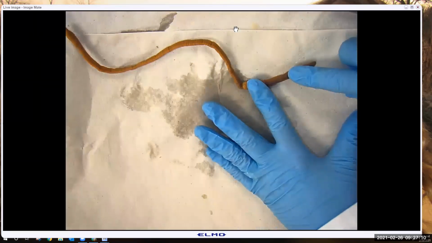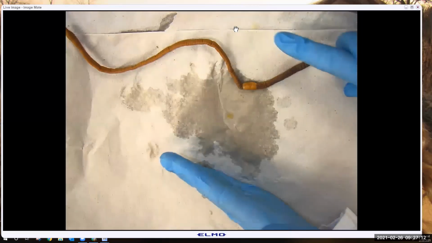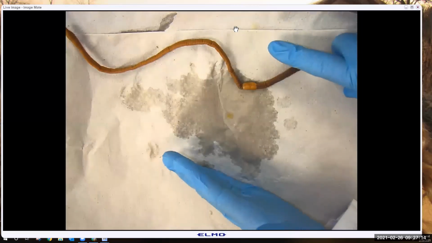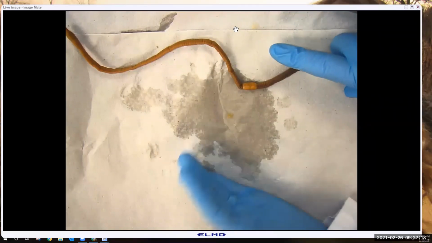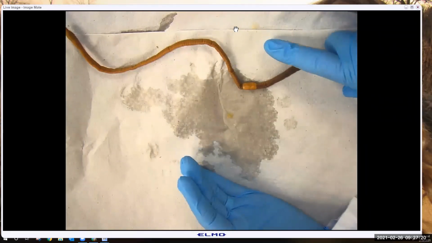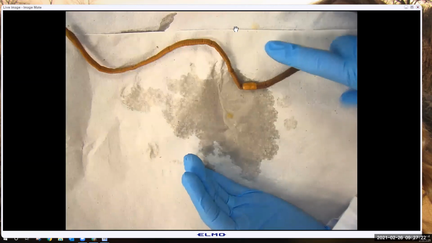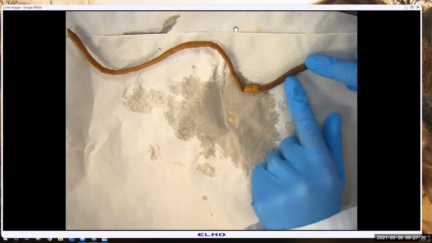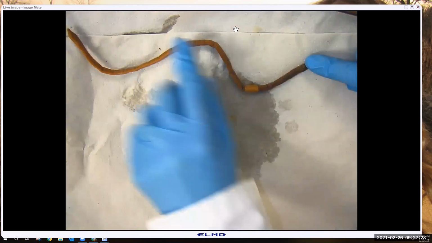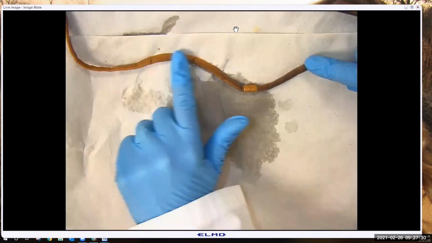Obviously, no limbs on this worm. No teeth, no fur, no hair, no gills, no antenna, no legs, so it's not bipedal, no mandible. But do you see all of the lines? Every single line is a segment here. So these are body segmentation.